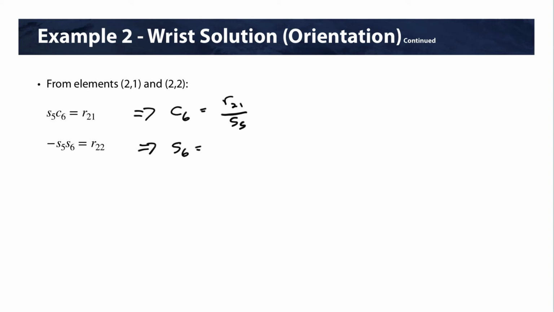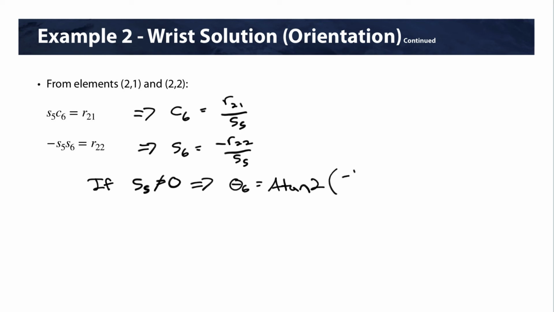It's going to be minus R22 over S5. And again, as long as S5 is not equal to 0, we can solve for theta 6. It's going to be atan2 of minus R22 over S5, R21 over S5.